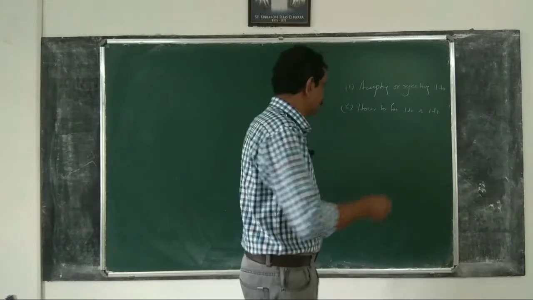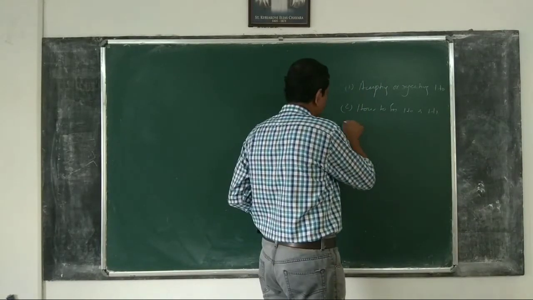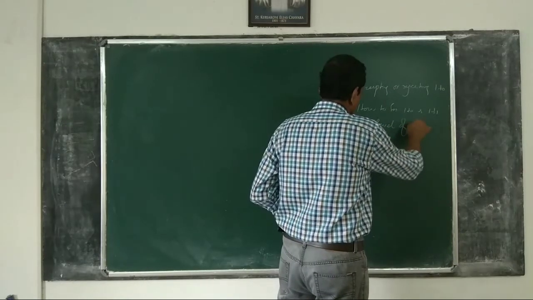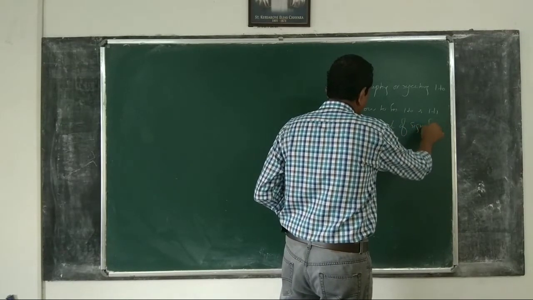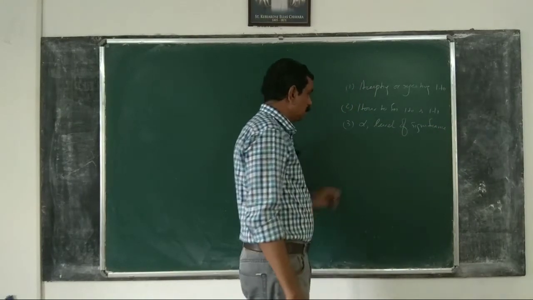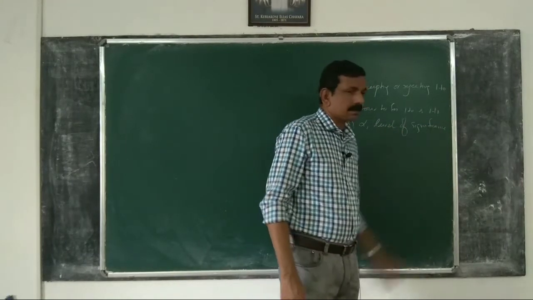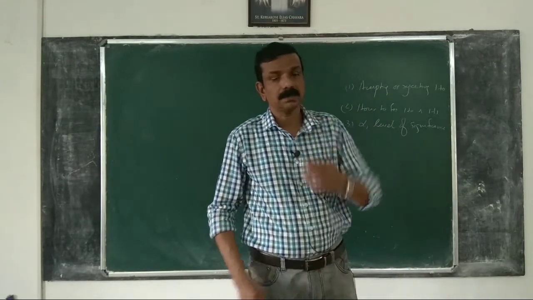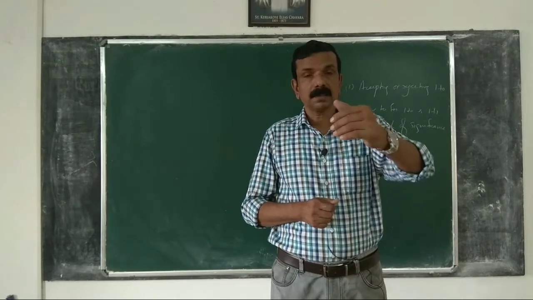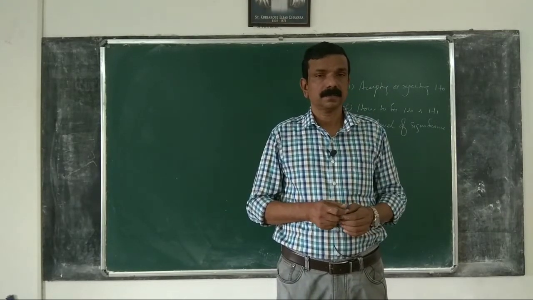The third point is how to fix alpha, the level of significance. Actually, the weakest point of the classical hypothesis testing procedure is arbitrariness in fixing alpha.